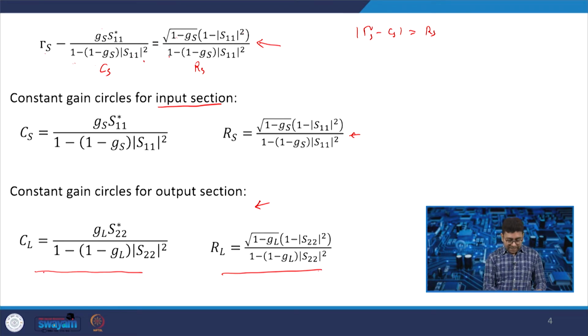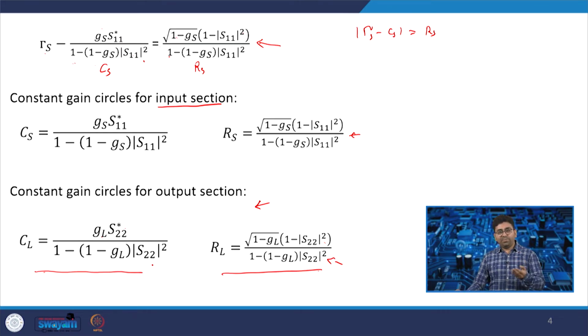This CL depends upon S22 conjugate, so the angle of your CL depends upon the S22 conjugate. So, this is GL S22 conjugate by 1 minus GL S22 square. This RL is the square root of 1 minus GL times 1 minus S22 square, over 1 minus GL S22 square. So, this is how you can also plot the gain circle.